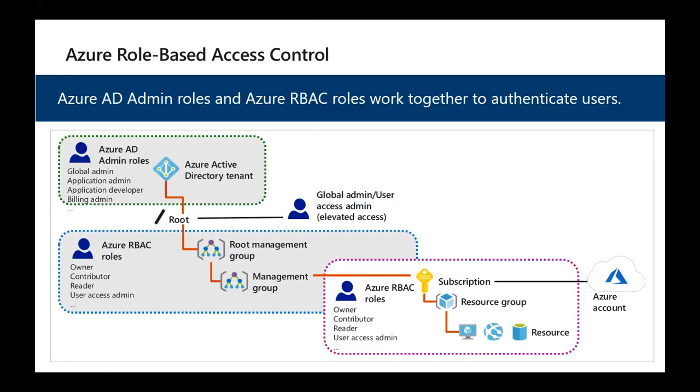So you can also see this diagram related with how Azure AD admin roles and the Azure RBAC roles are going to work together. The above diagram depicts how the classic subscription administrator roles, the RBAC roles, and the Azure AD administrator roles are related at a high level.